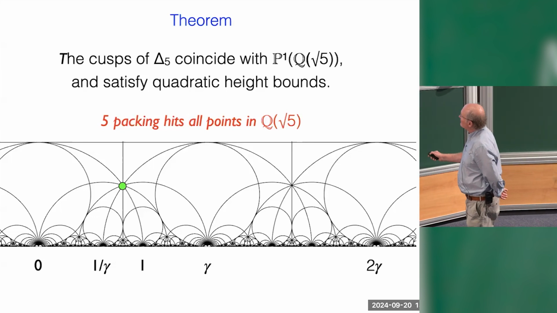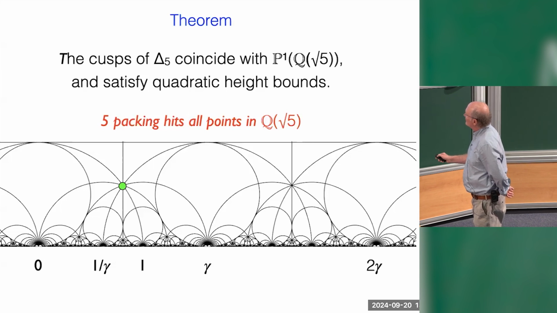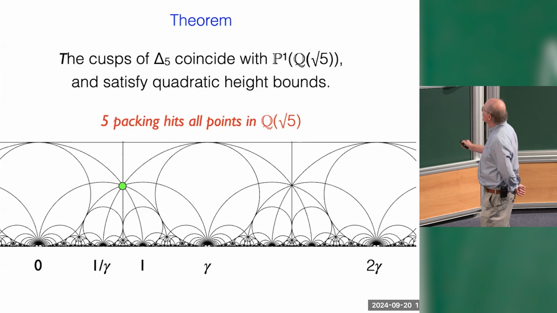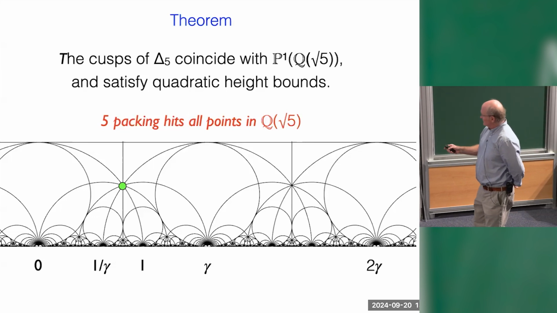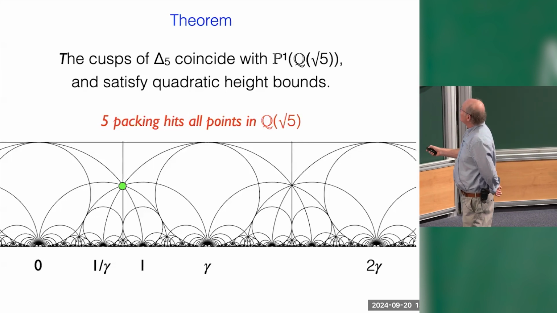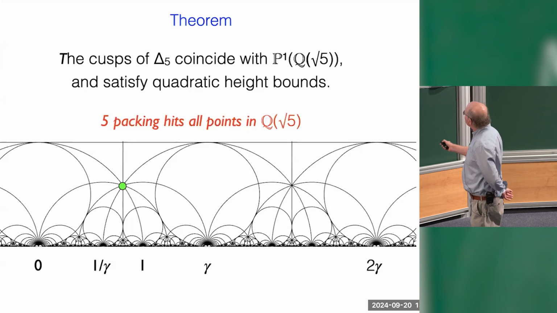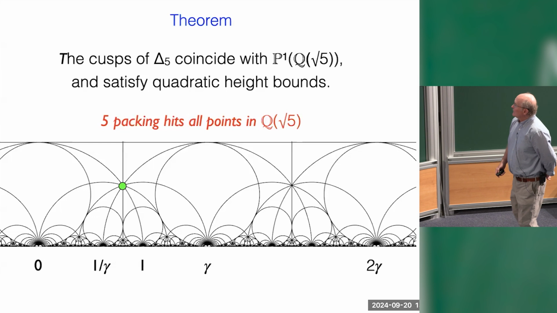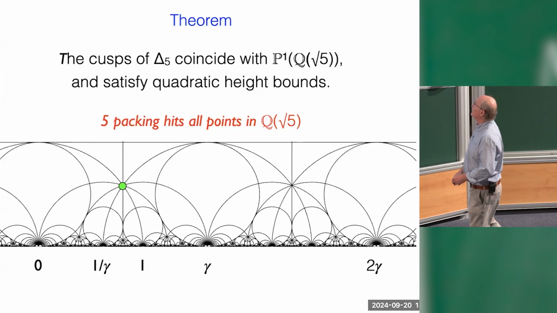And then if you look down here between any two of these circles, there's a canonical way to put in 3 more. And then between any two of those, there's a canonical way to put in 3 more. So there's lots and lots of cycles, each consisting of 5 circles. And the theorem is that the bases of these circles eventually touch every point in the field Q adjoin root 5. You can easily show the bases lie in Q adjoin root 5, but they eventually hit every point.